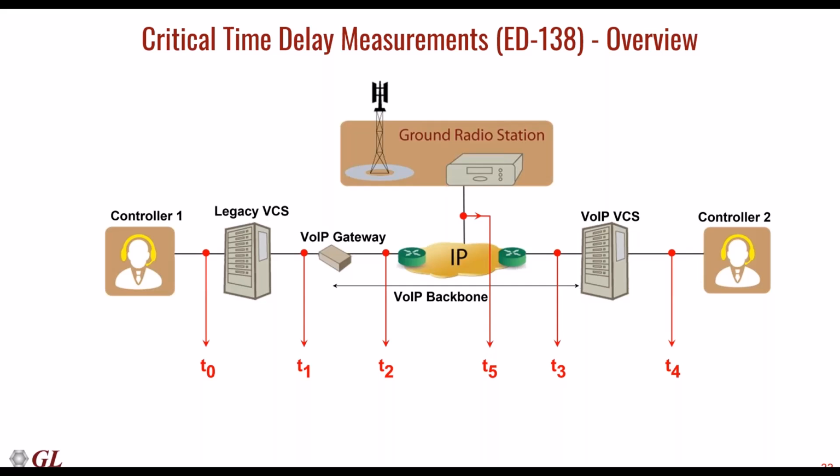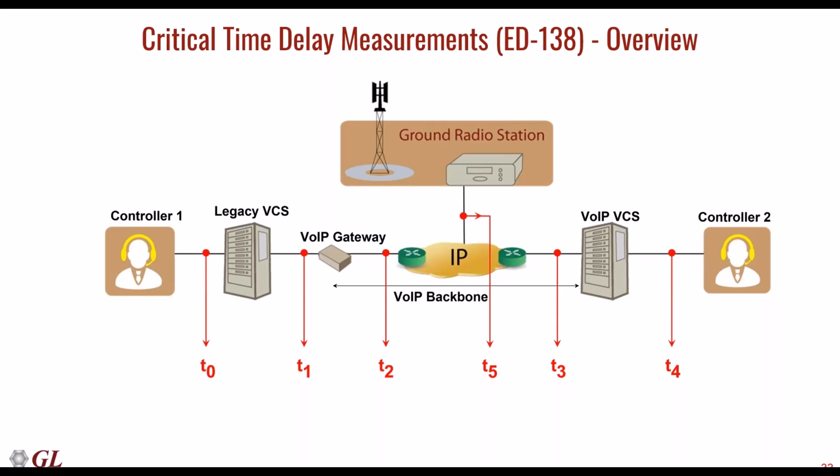For example, in an essential scenario like measuring a push-to-talk delay between the controller working position, which is on the far left-hand side, and the VoIP network, here are the different timing points of a signal or a voice event at various probing points in the network. Using GL's test suite of equipment, we should be able to calculate delays across devices and delays across the network as well.